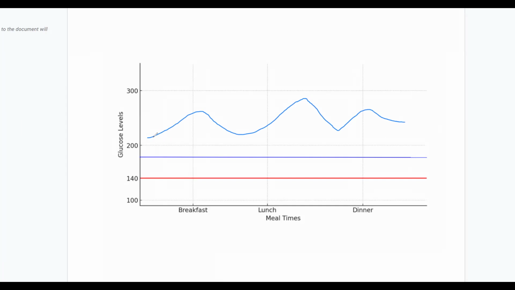So generally, increasing the sliding scale will decrease the fasting numbers, the preprandial numbers, a little bit. So it might bring them down to say here.